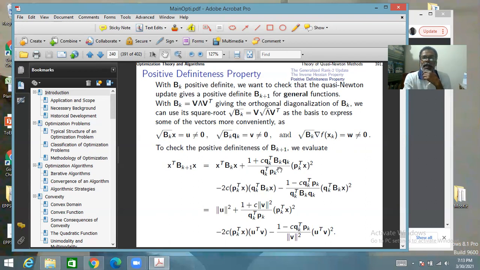The other one was b pk transpose. So on the left side, as you multiply with x, it becomes x transpose pk, which is the same as this. On the right side, you get pk transpose x along with it, which is also this. So it's a square. Similarly, other terms you go on getting. This is Bk qk pk transpose and its transpose, those two terms. So that is why twice this thing. So from one side you will get this, from the other side you will get this.